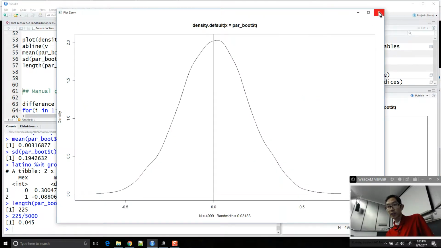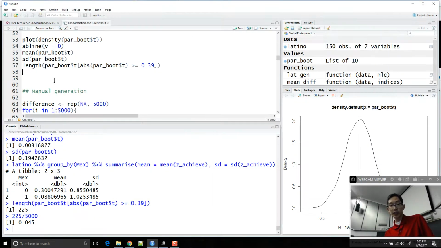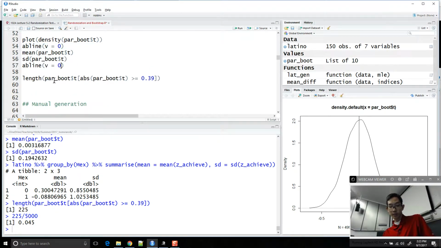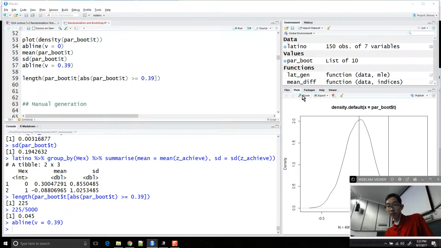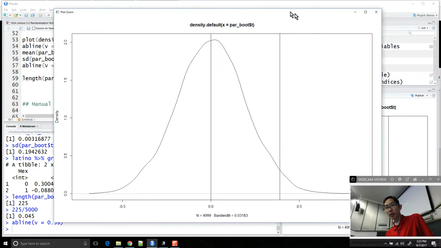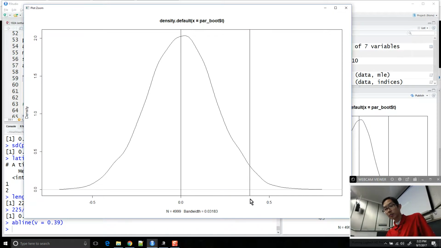So I could draw a line at 0.39. Our observed difference was out here at 0.39, and we can see how often that happens.